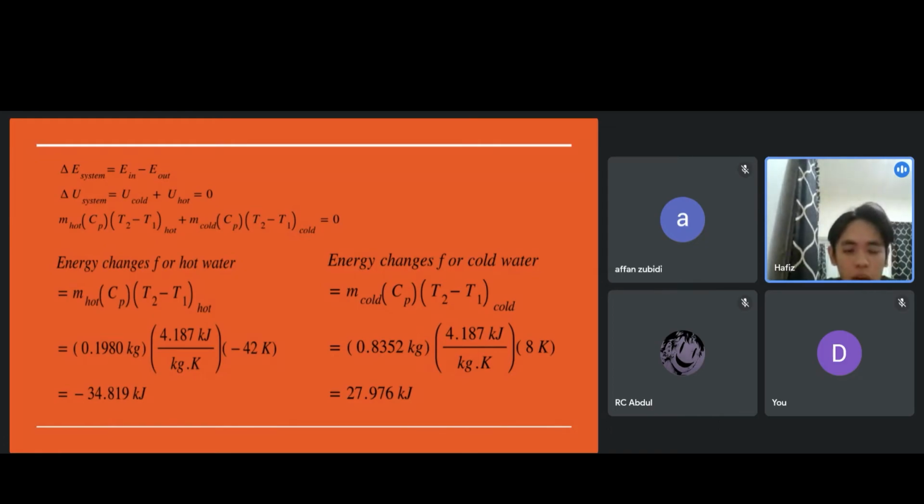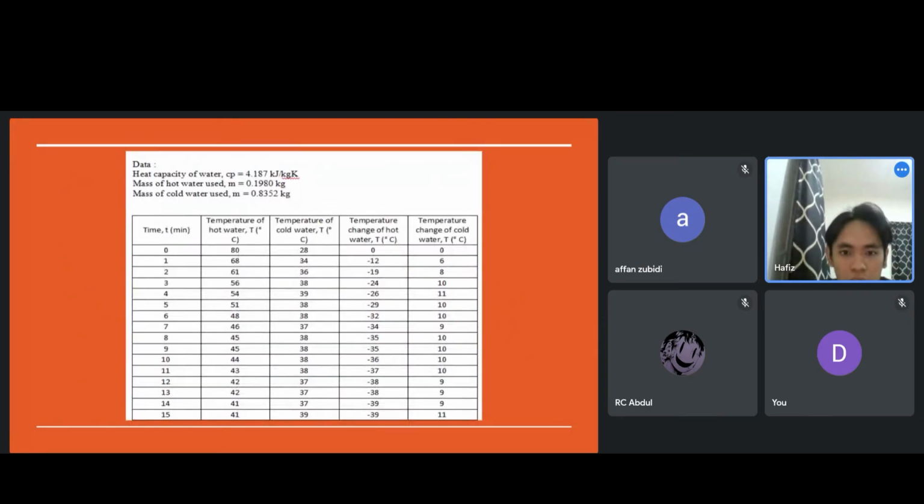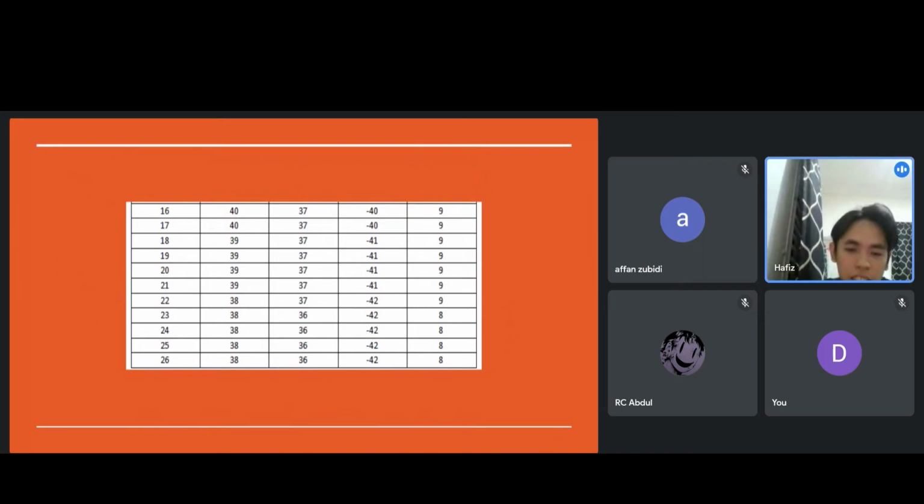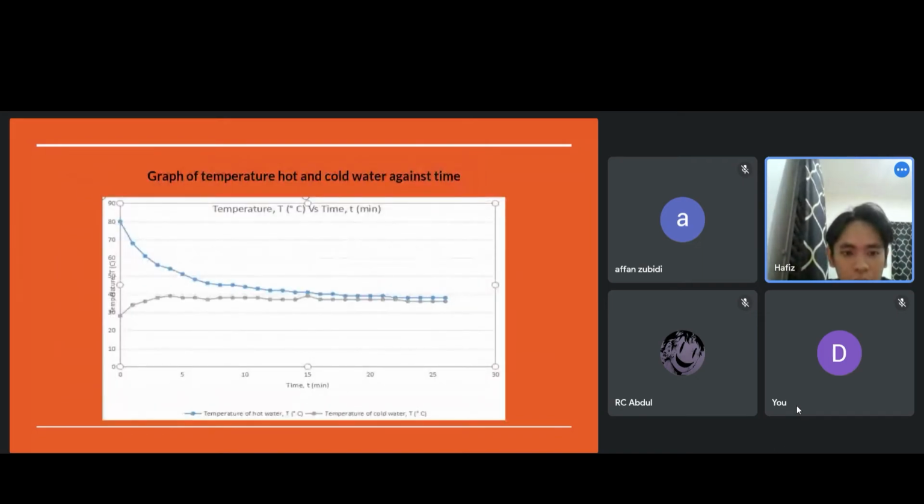Since we are using the same fluid for the heat capacity, we just take 4.187 kJ/kgK as the heat capacity.